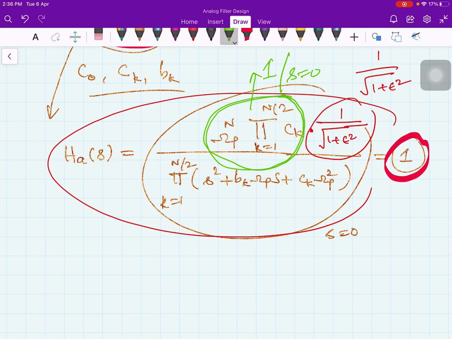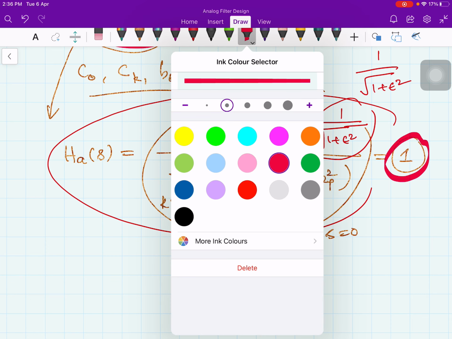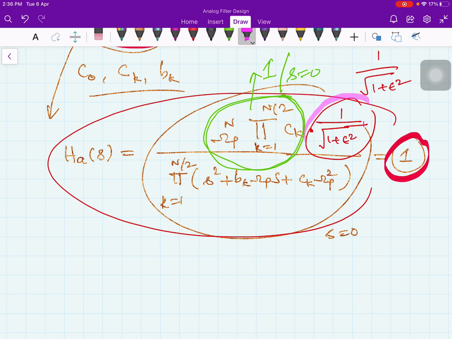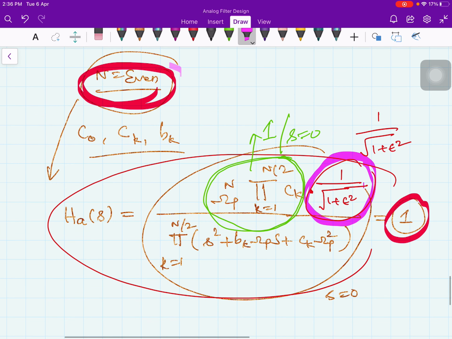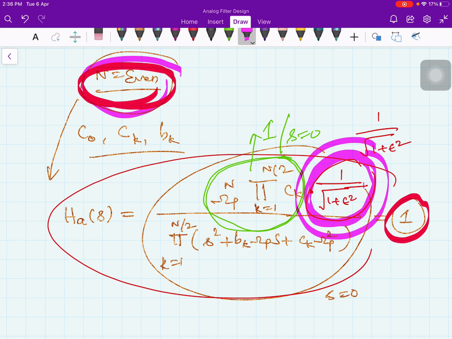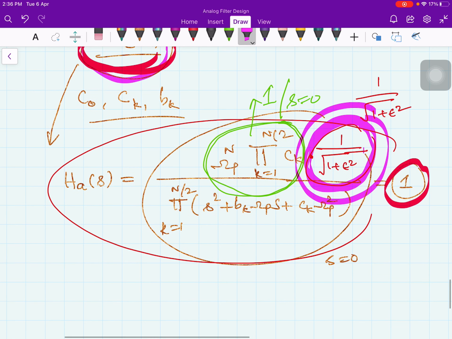But this factor 1 by square root of 1 plus epsilon squared has to be added. Why? For n even, the magnitude starts from 1 by square root of 1 plus epsilon squared. Okay, so you have to proceed with caution.